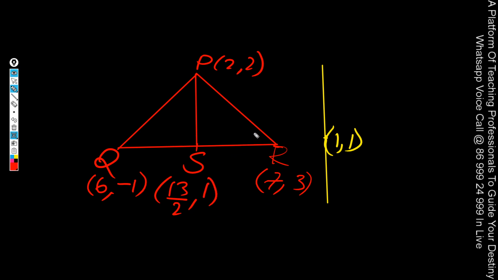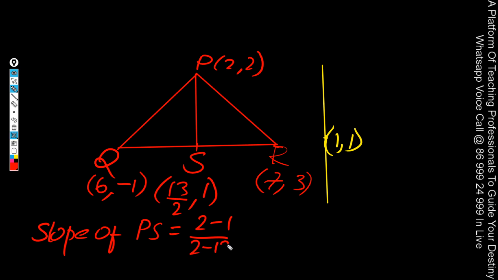So PS is the median, and this is the line which is parallel to that. So let me write the slope of PS. The slope of PS is nothing but 2 minus 1 divided by 2 minus 13 by 2, that is y2 minus y1 by x2 minus x1.